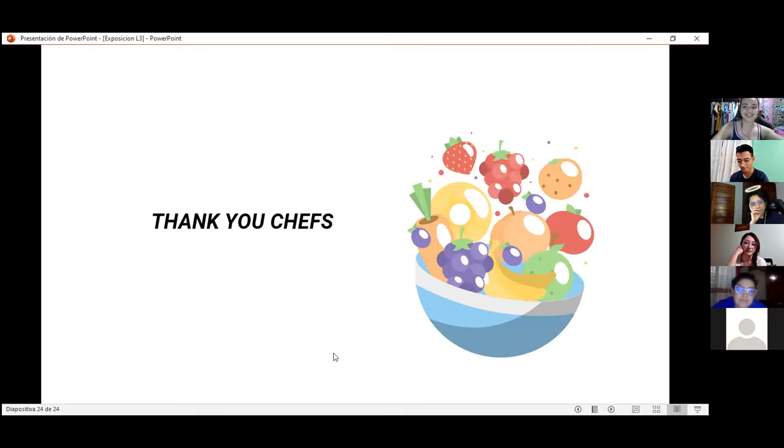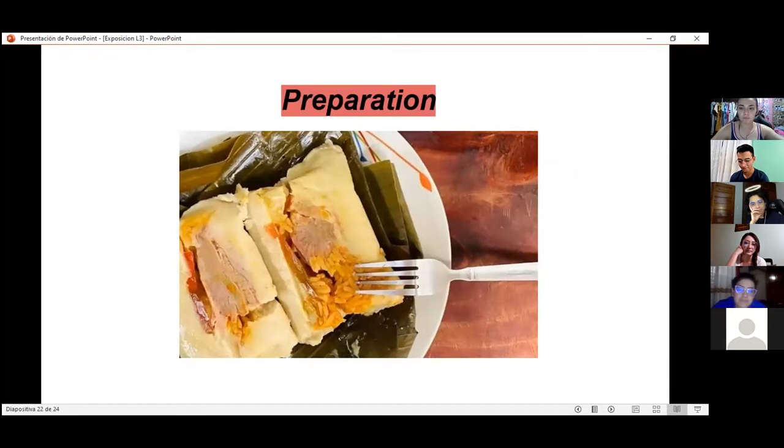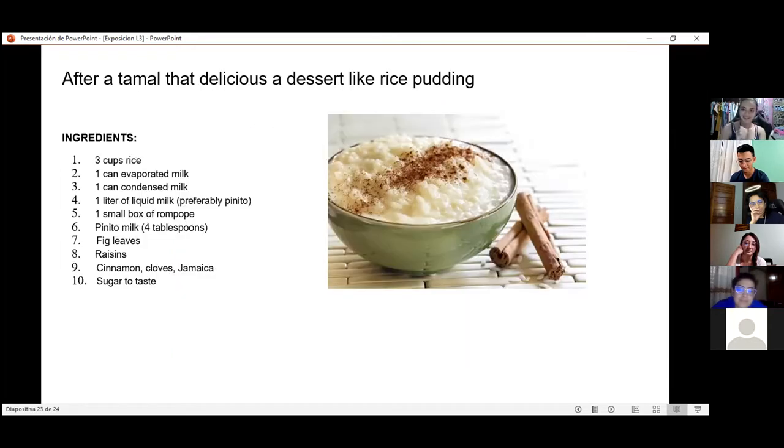After, add the 3 cups of rice to a bowl, 2 cups of the water, and the 3 cups of liquid milk. Add the cinnamon, Jamaica, cloves, fig leaves.